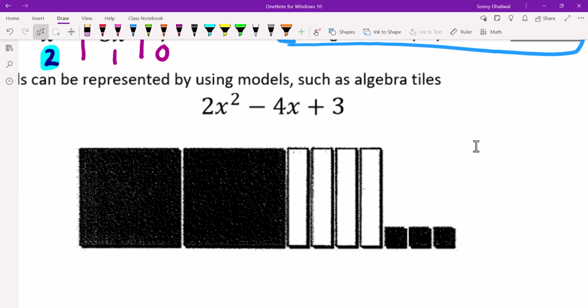Now, this expression here, this polynomial, which is a trinomial, is represented by this picture here. There are 3 terms here. There was a term here, there's a term here, and there's a term here. Without me giving you any kind of guidance, could you figure out what each of these shapes represents?